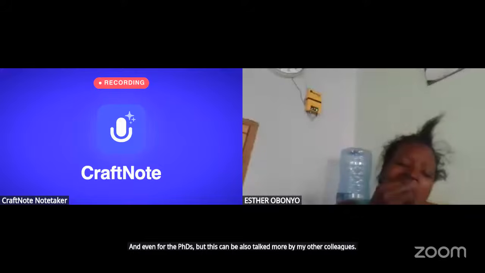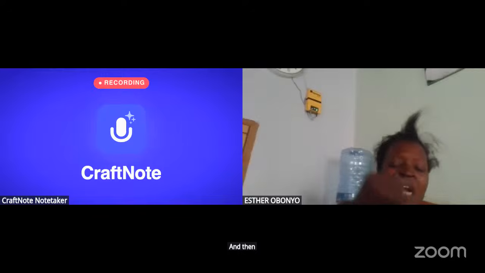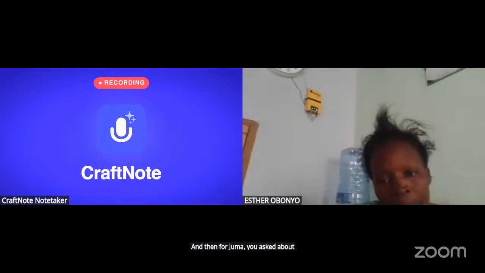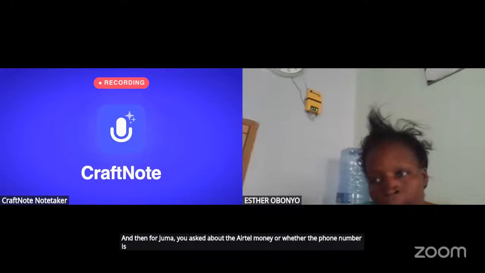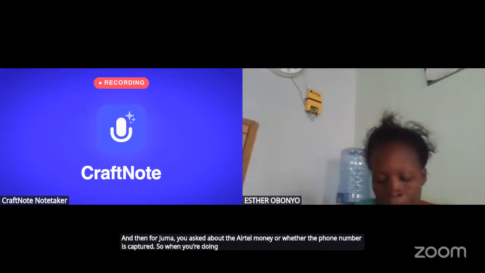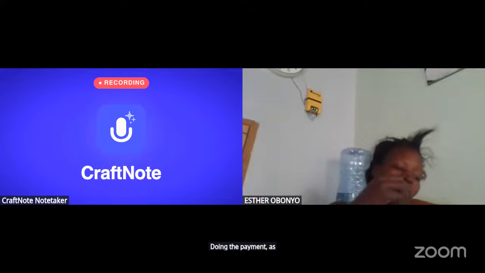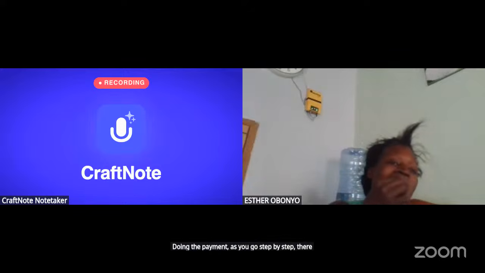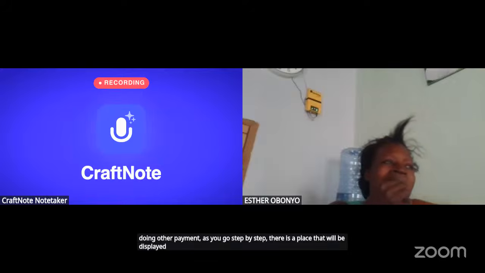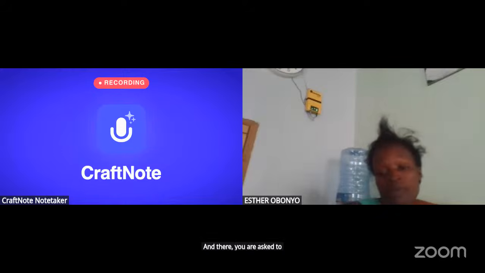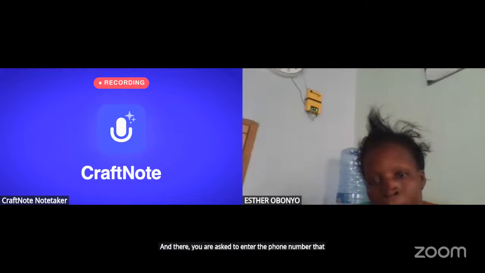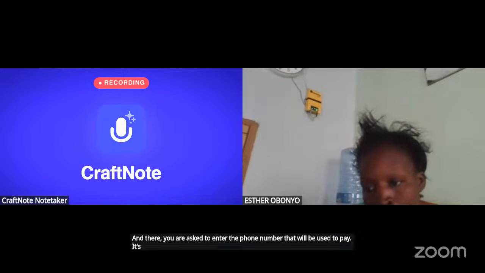And then for Juma, you asked about the Airtel money, or whether the phone number is captured. So when you're doing the payment, as you go step by step, there is a place that will be displayed, and there you are asked to enter the phone number that will be used to pay. It's not necessarily your phone number.